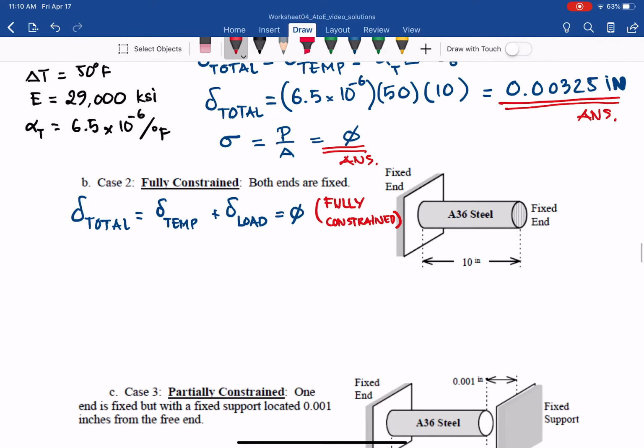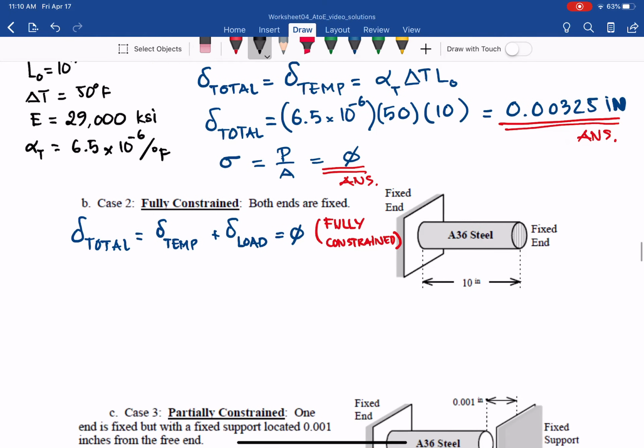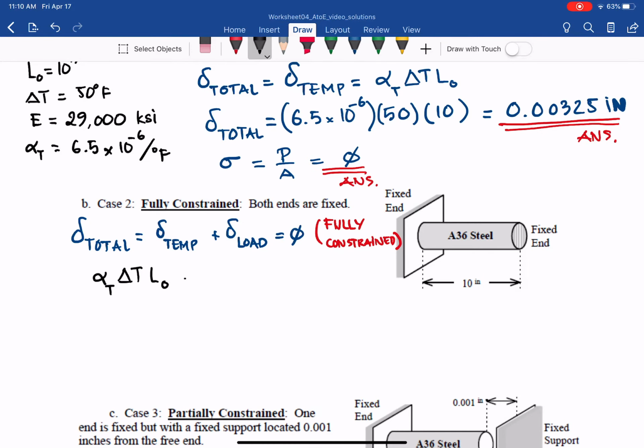But then we can also find the stress on that member. From that equation, with delta total equal to 0, we have the deformation due to temperature, alpha T delta T times L naught, plus P, the load on the member, times L naught over AE for that steel, equal to 0.